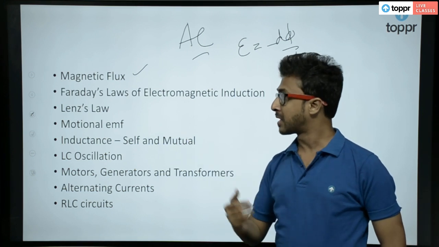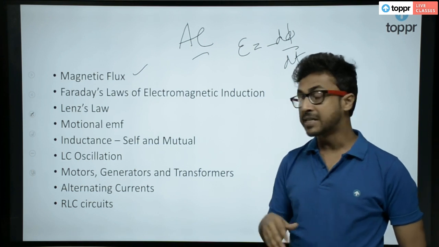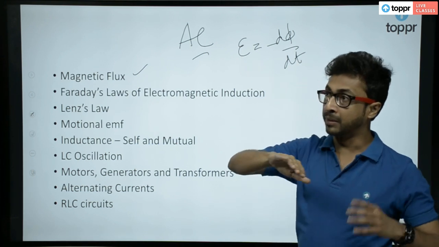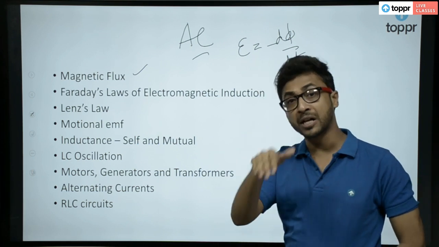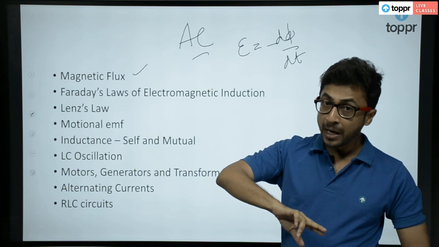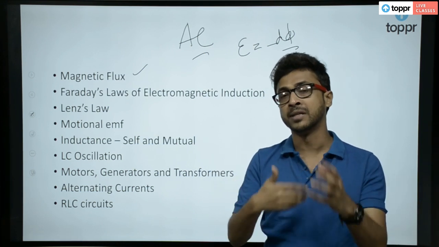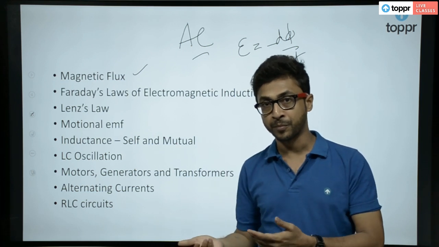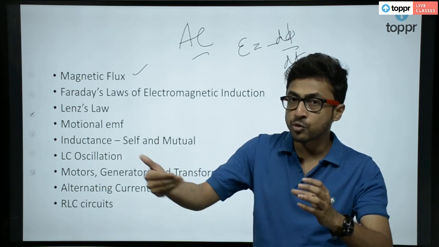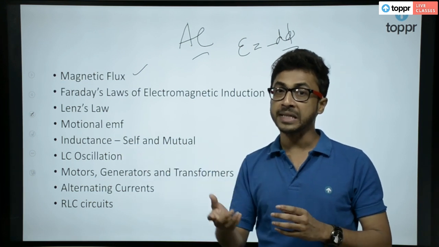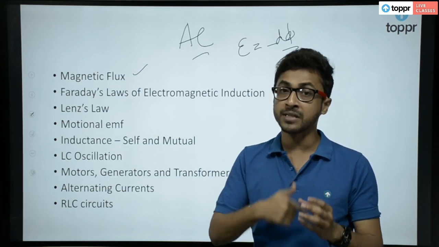Now what does Lenz's law say? The EMF will be produced in such a way that it will oppose the cause. We will see how we can use this in problems. If a magnet is passed through a coil, it induces a voltage within the coil, and also some current.